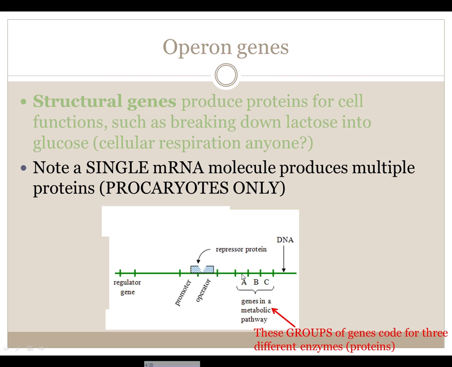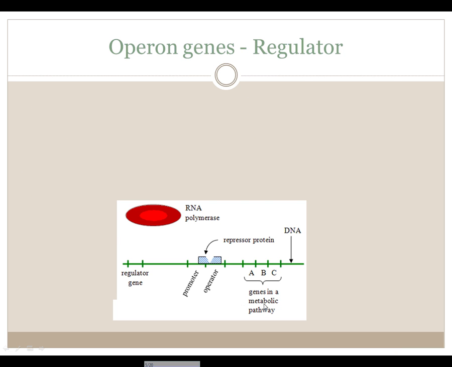Generically speaking, you can make protein A, protein B, and protein C, all with one single mRNA molecule. Those groups code for different enzymes.